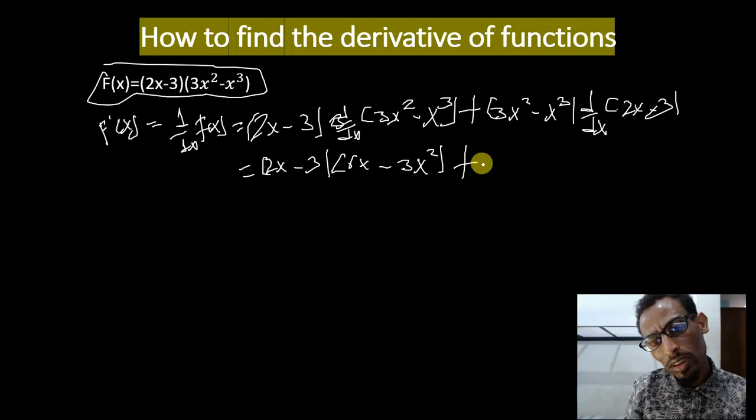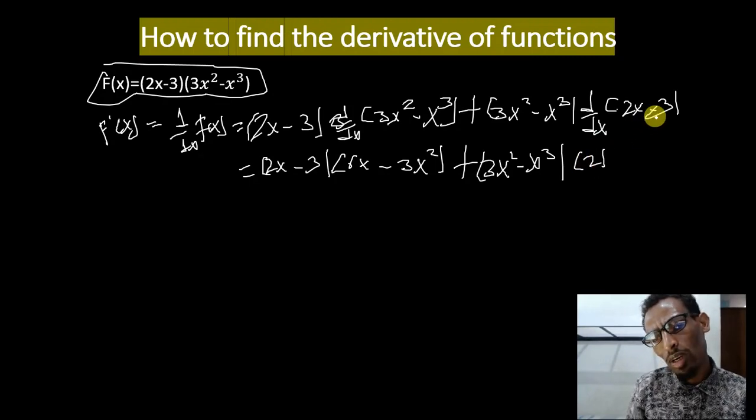Then (3x squared minus x cubed) times the derivative of the inner function, which is 2, because 3 is constant. So multiply 2x minus 3 by 6x minus 3x squared.